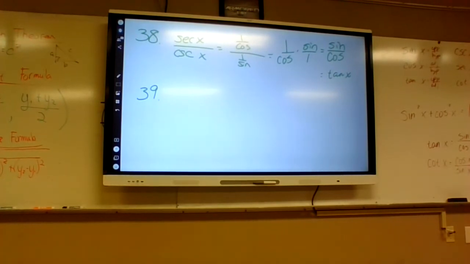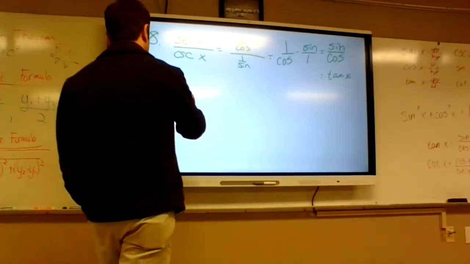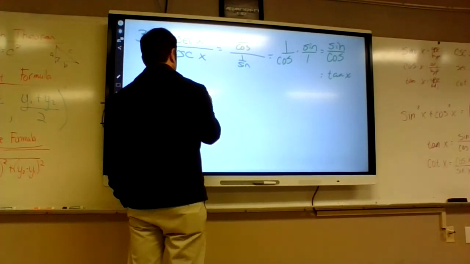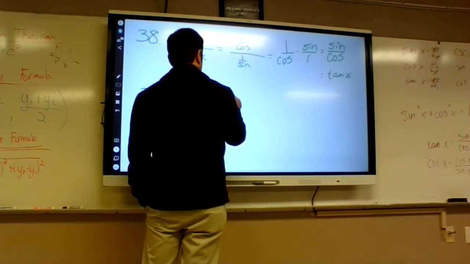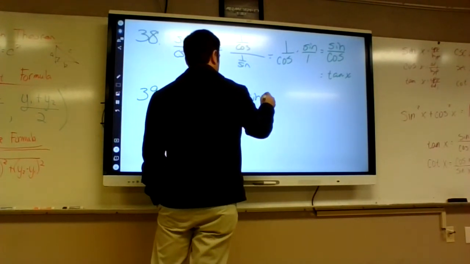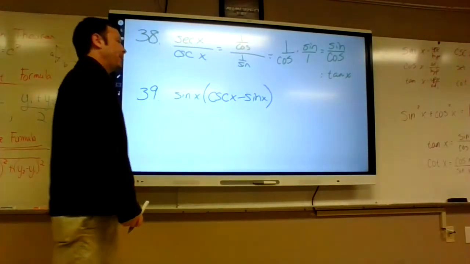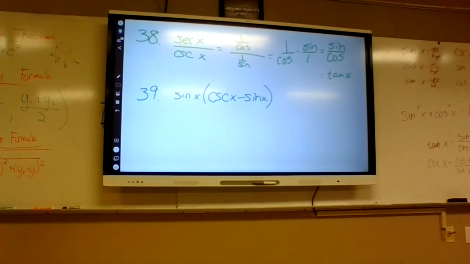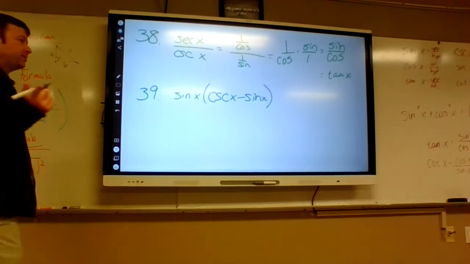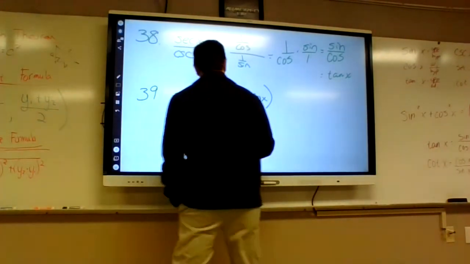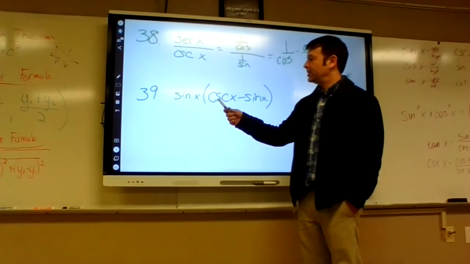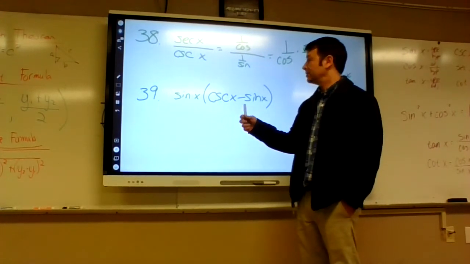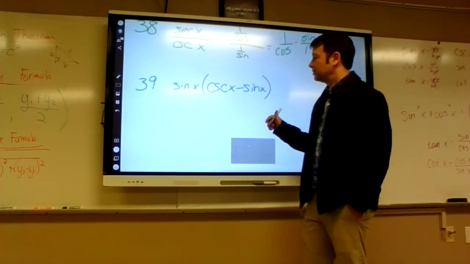Sine times cosecant minus sine. There's more than one way to do this, but I'm going to try the easiest way. What kind of problem does this look like? A distribution problem. First, what does cosecant change into? 1 over sine.